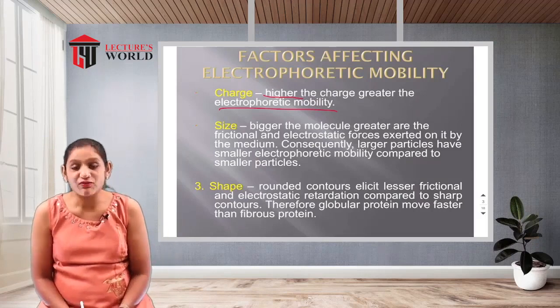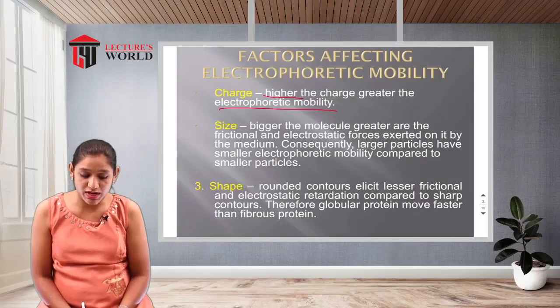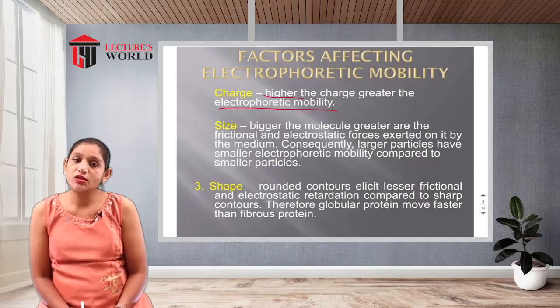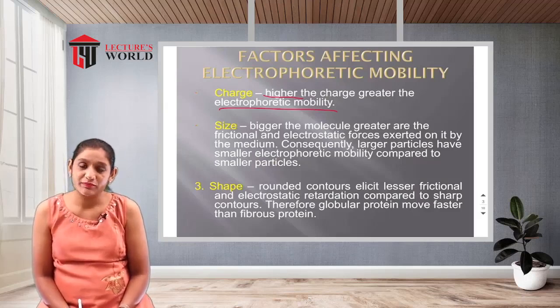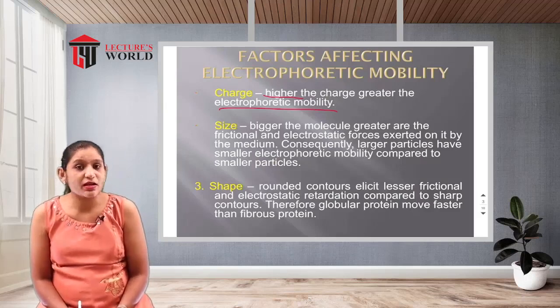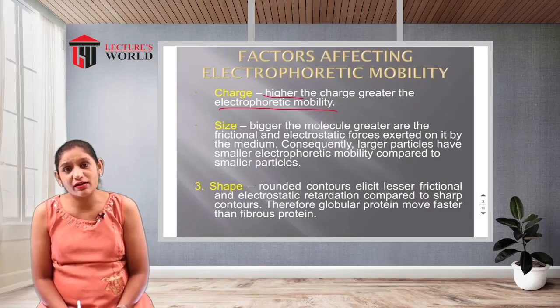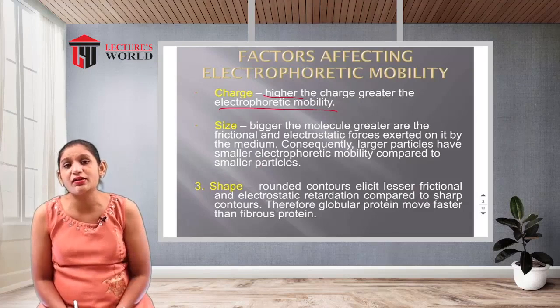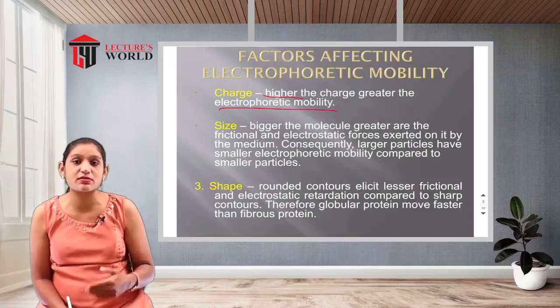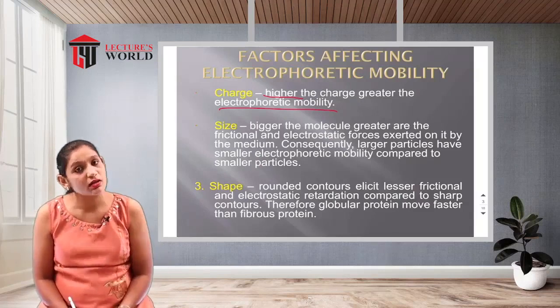Therefore, a globular protein moves faster than a fibrous protein. For example, hemoglobin is globular, while fibrous proteins have a much higher molecular weight. So the higher weight separates nearby, and the lower molecular weight is separated far from the well.